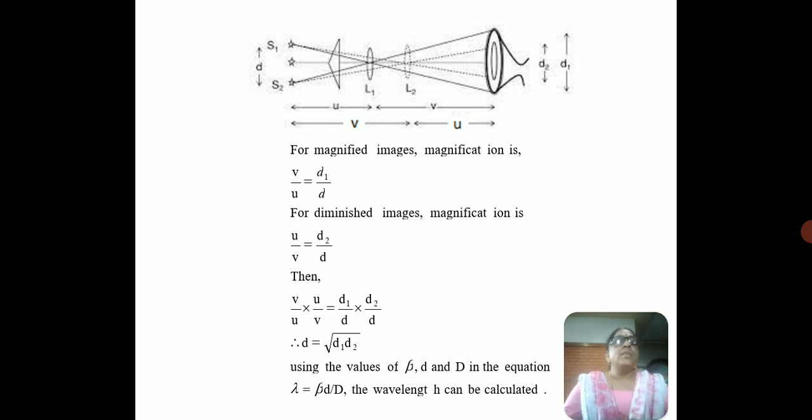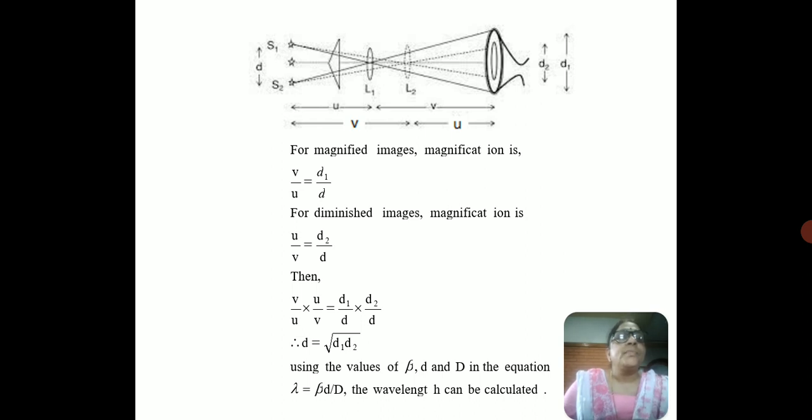With respect to those positions, we must measure u and v for the magnified image position and the diminished image position. Finally, the magnification m is equal to v by u, and that is equal to d1 by d. Actually, d is the mean position, that is the actual separation between S1 and S2.